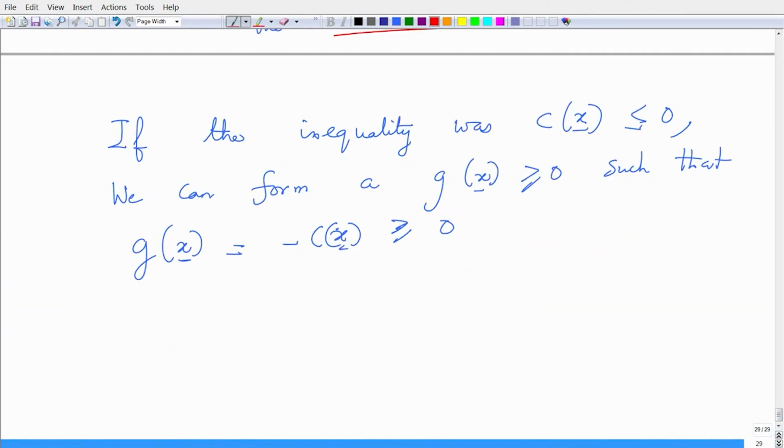I mentioned to you earlier that a constraint with an inequality c of x less than or equal to 0 can be transformed into some g of x which is greater than or equal to 0 by negating the sign over c of x, and then the analysis still perfectly holds true.